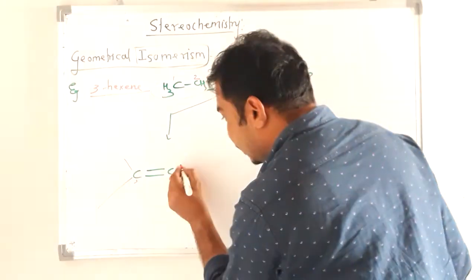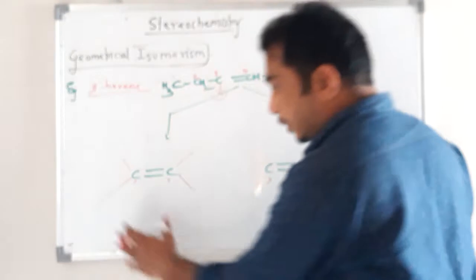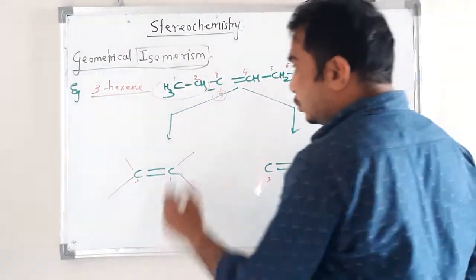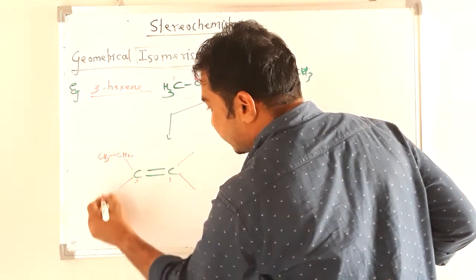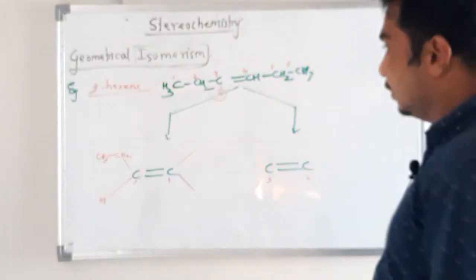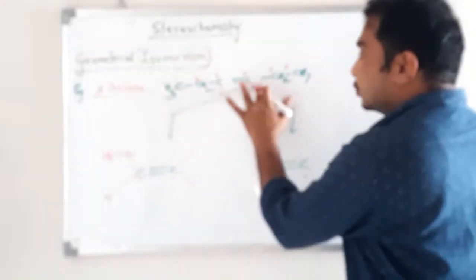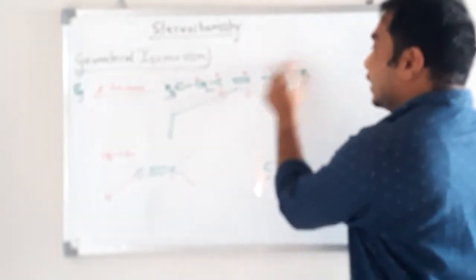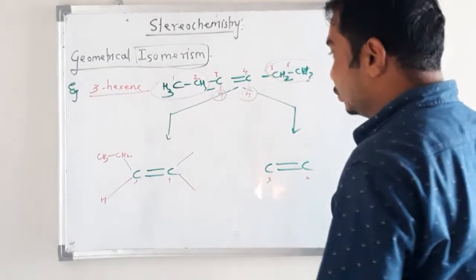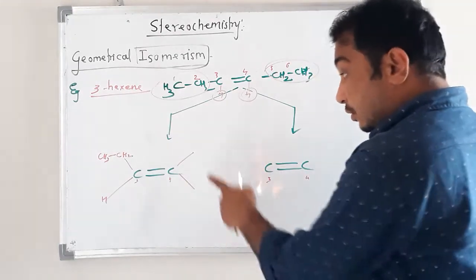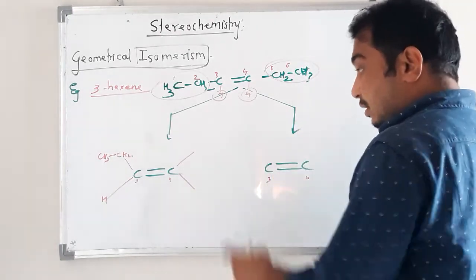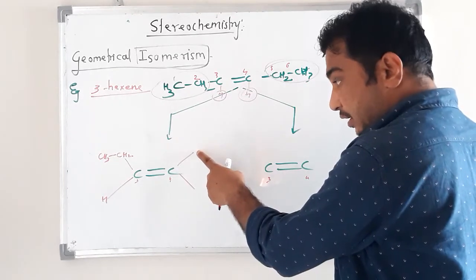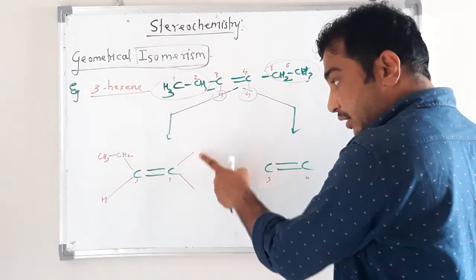Now carbon number 3, okay. So carbon number 3 is attached to an ethyl group and hydrogen, so attach the ethyl group first, then hydrogen. And now carbon number 4 also has an ethyl group and hydrogen. So now we have two choices. Either we can attach the ethyl group on the top side or down side, or hydrogen on the top side or down side.